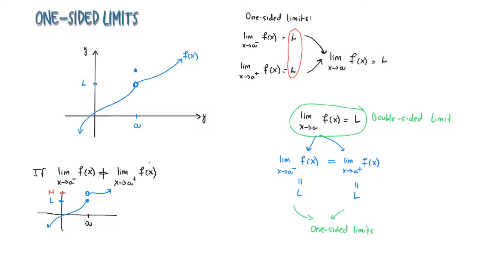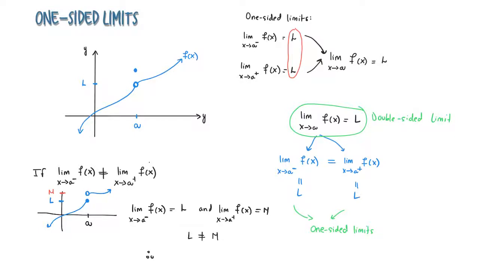So look at this function. This function right here is showing that the left-hand limit, the limit as x approaches a from the left of f of x, is equal to L. And it is also showing that the limit as x approaches a from the right of f of x is equal to M. And clearly, L does not equal M. So what do we conclude?